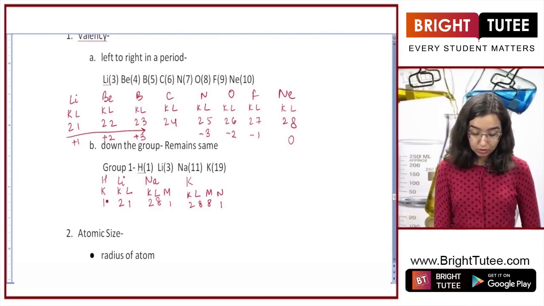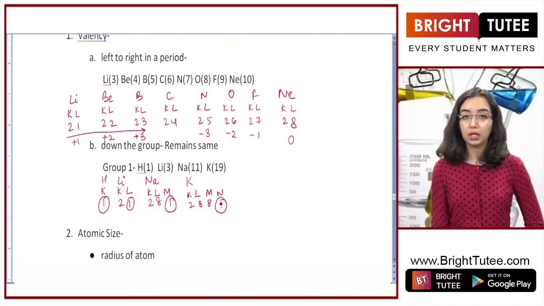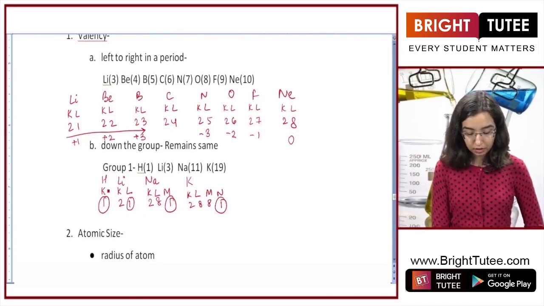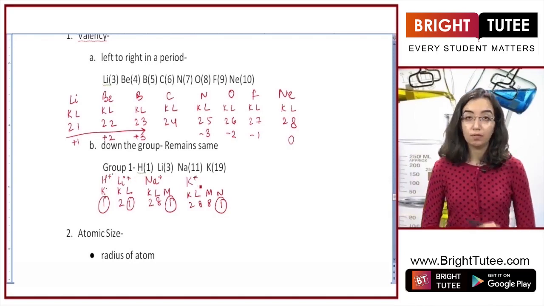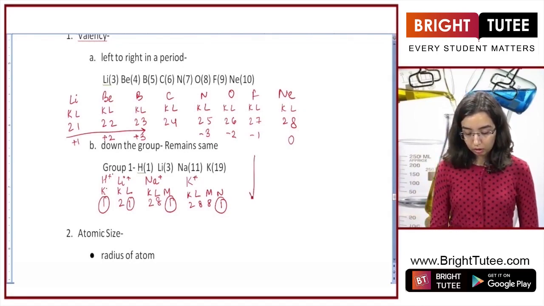Now the valency you see here is 1, 1, 1, 1. So they all will lose 1 electron to gain a stable configuration. They all in fact form cations and they all have the same valency. So no matter what group you're talking about, when you go down the group, the valency remains the same.